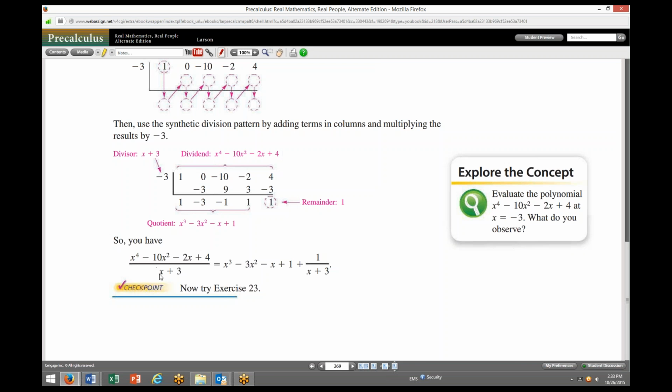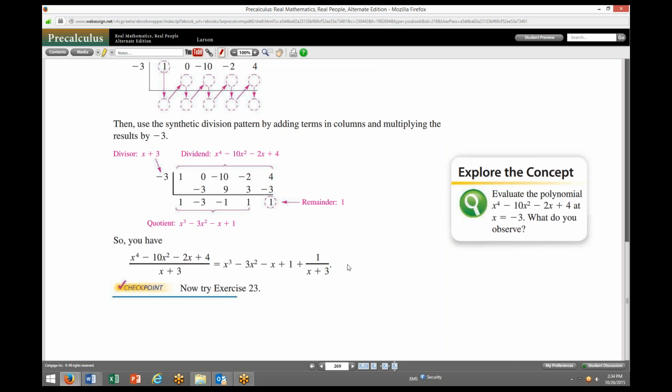So this big x to the fourth polynomial divided by x plus 3 winds up equaling then 1x to the third, which is just x to the third, minus 3x squared, minus 1x, which is just minus x, plus 1, and plus the remainder written over the divisor. So plus the remainder 1 over x plus 3.